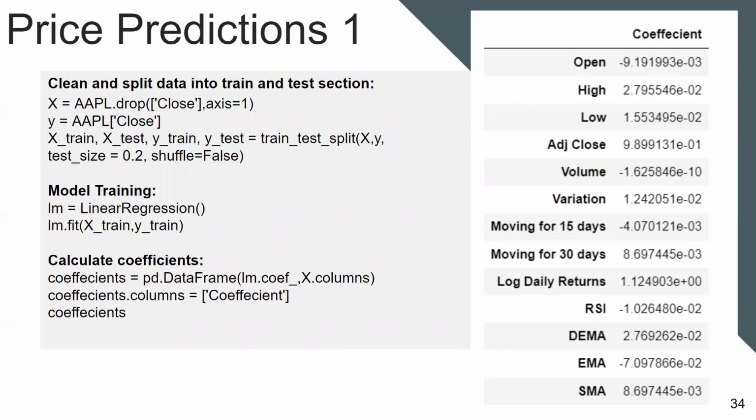Here we clean the data and then establish a regression model to train the model, and then we calculate the coefficients. It includes important indices like RSI, DEMA, EMA, SMA.